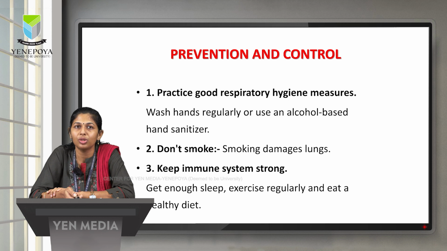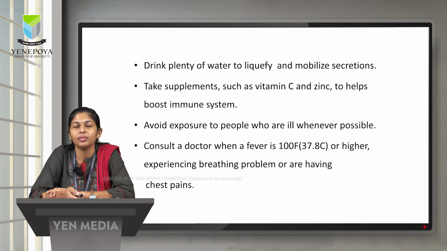Second, you should not smoke. Third, keep your immune system strong. You can get enough sleep, exercise regularly, and eat healthy food. Drink plenty of water to liquefy and mobilize secretions. Take a good supplement such as vitamin C and zinc, which help to boost your immune system.